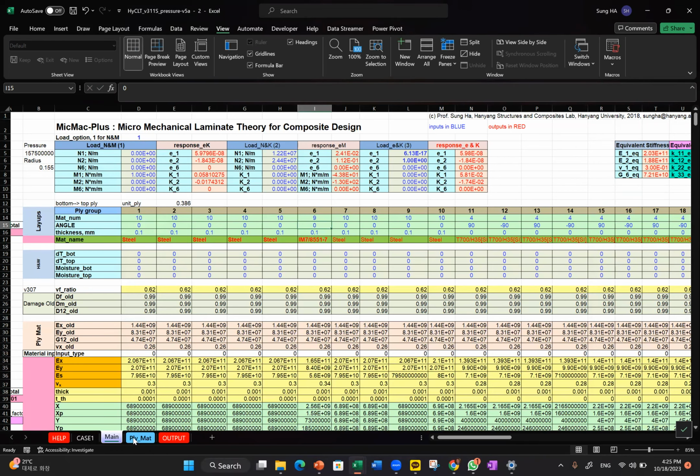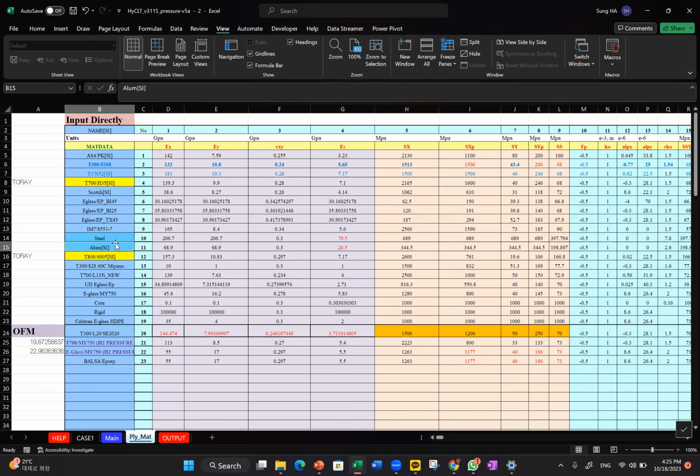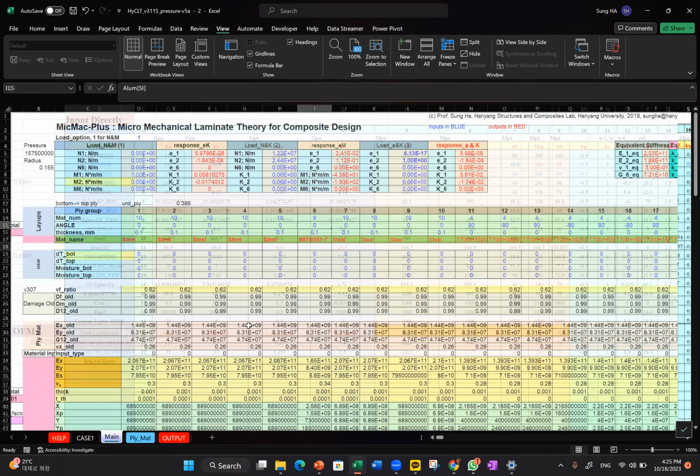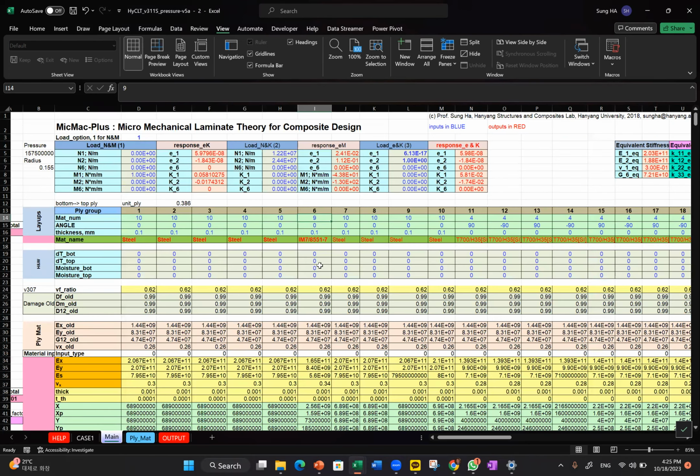Oops, what number was it? 11. Okay, 11. So from here to here, we choose all aluminum, and all steel here. And then this is the layup sequence. Now we apply just the in-plane load, in-plane load N1.